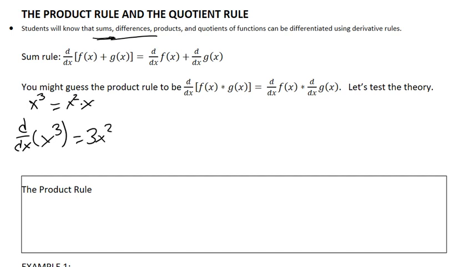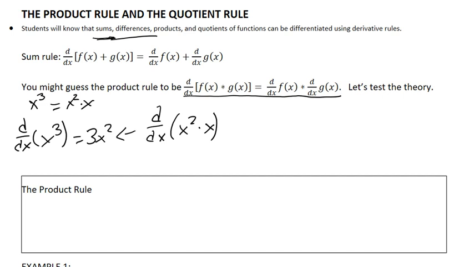So if what we're guessing is true, then the derivative of x squared times x should also equal 3x squared. So let's try our theory out here.